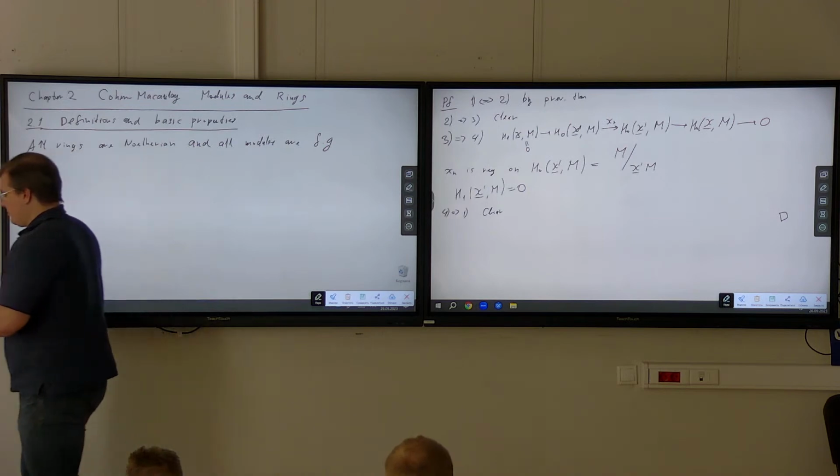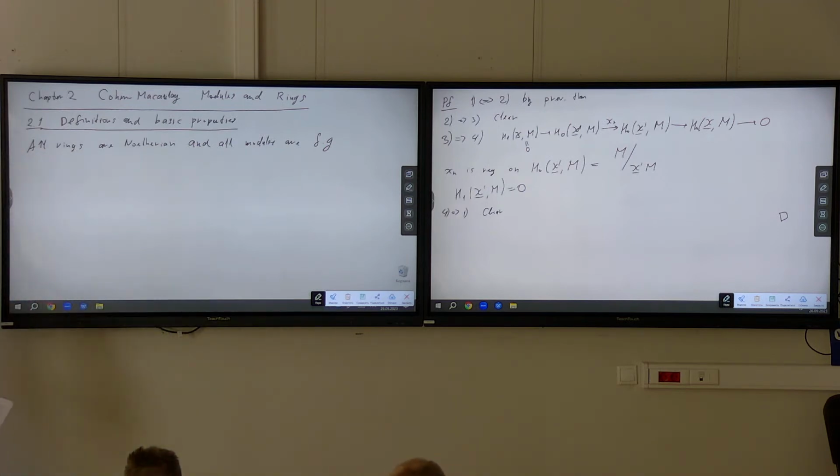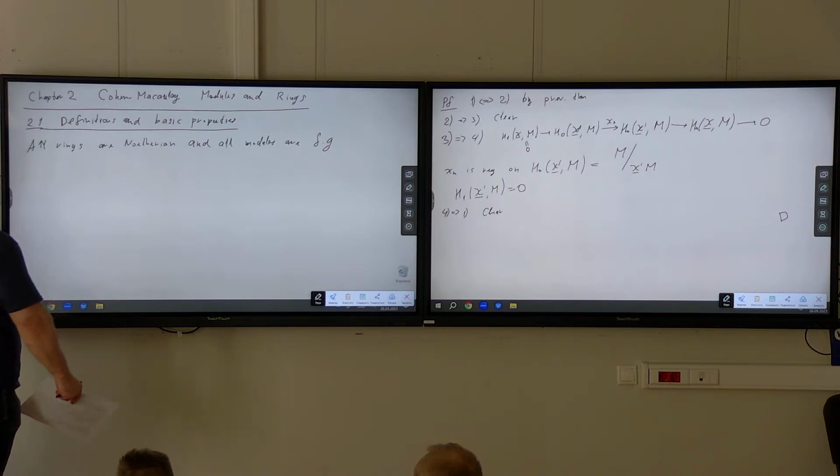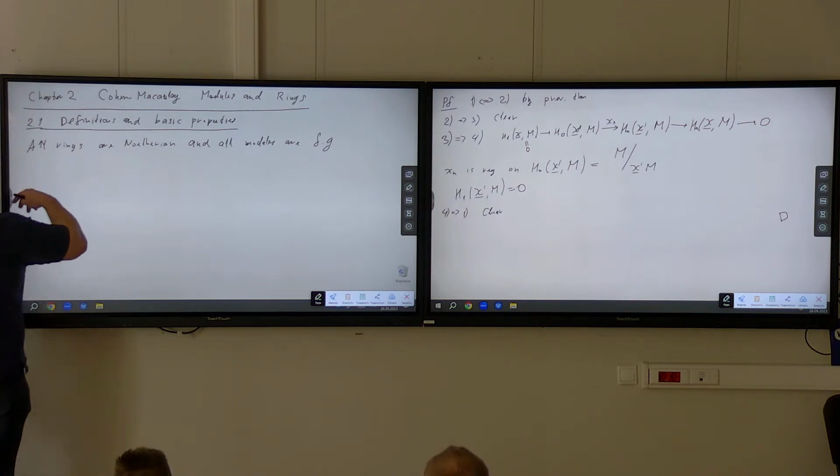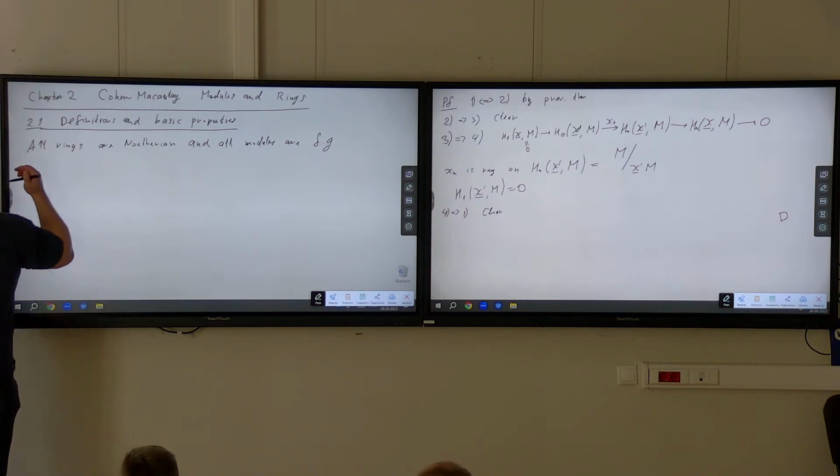It's a standard assumption for this standard period. You can discuss what it means to be Cohen-Macaulay in a non-Noetherian setting, but it's usually not something that you do in a basic course, though there are still papers writing about Cohen-Macaulay in non-Noetherian settings, so it's not a standard theorem. Okay.